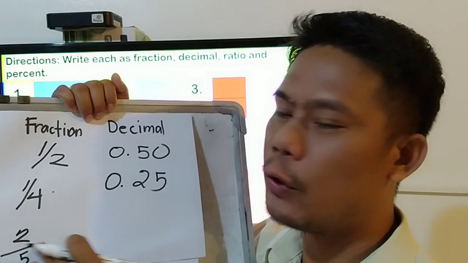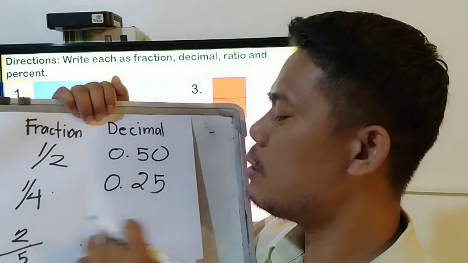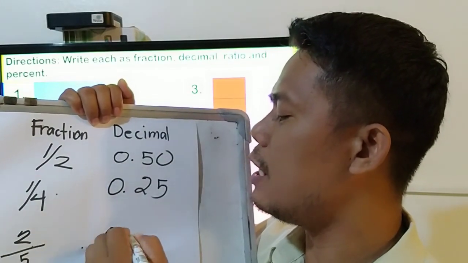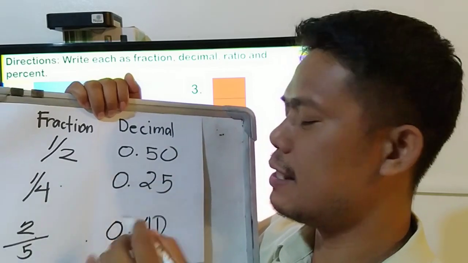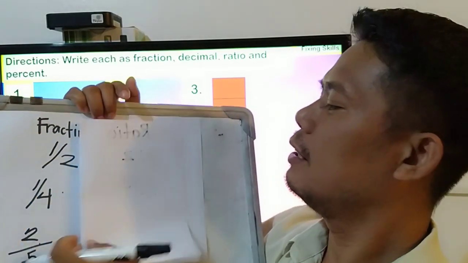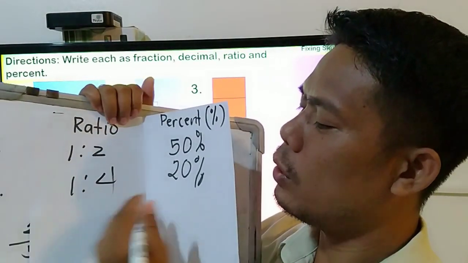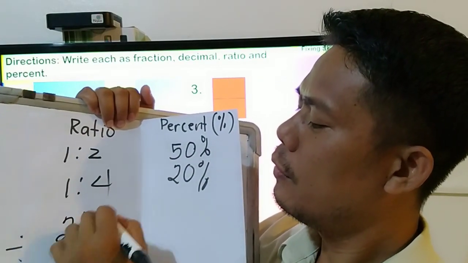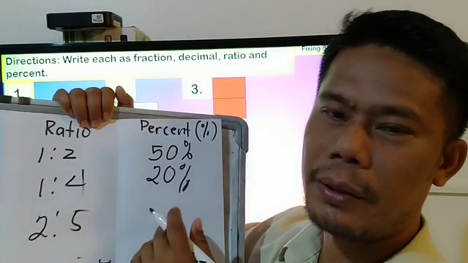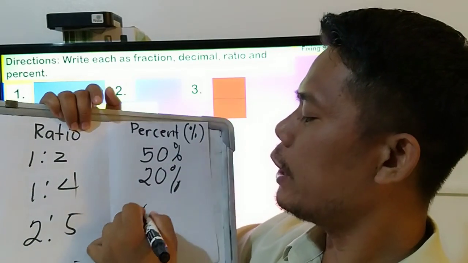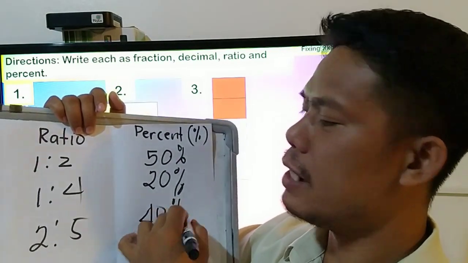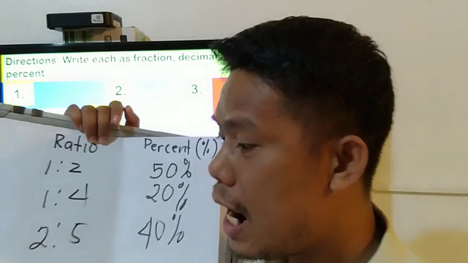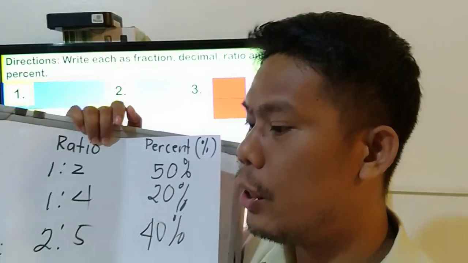So 20 times 2 equals 40. So this is 40 hundredths. Then our ratio is 2:5. Then our percent is 40%. So these are the answers for your activity number 1.